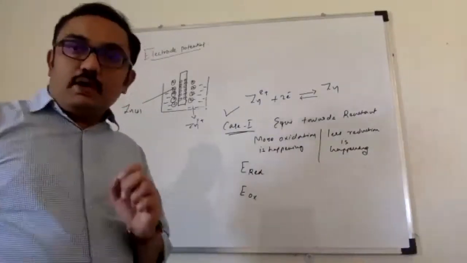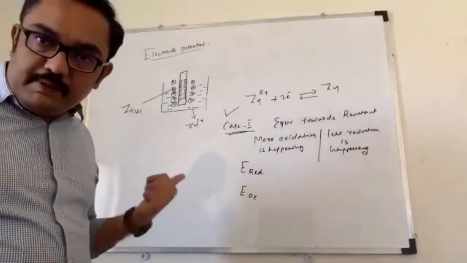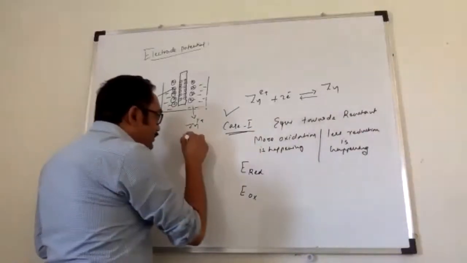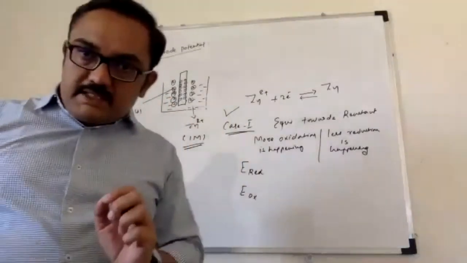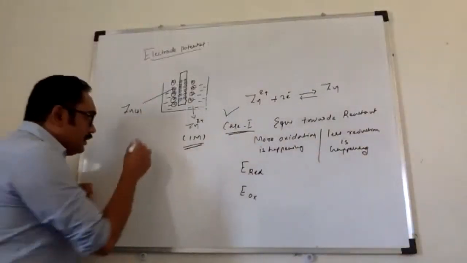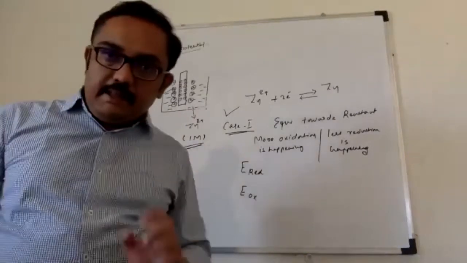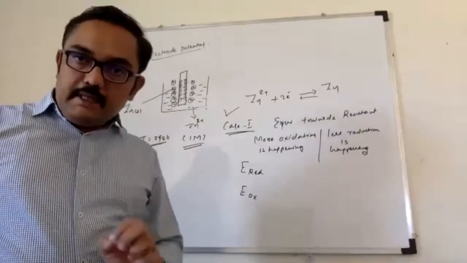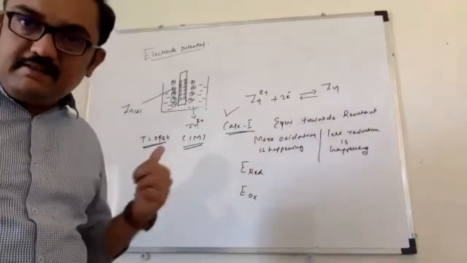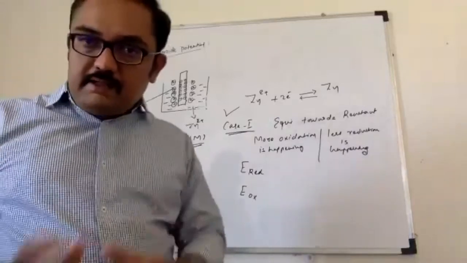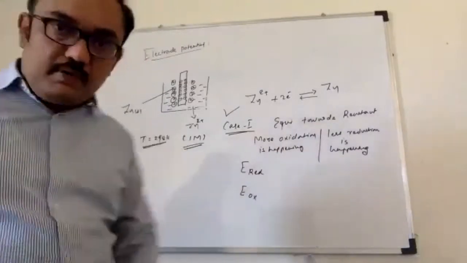Now, consider that the concentration of the metal ion in the solution is 1 molar, that is 1 mole per decimeter cube, and the temperature is 298 Kelvin. Note these values down.